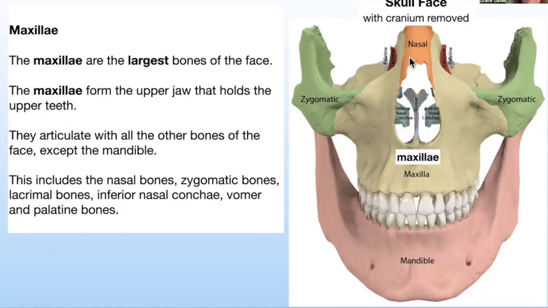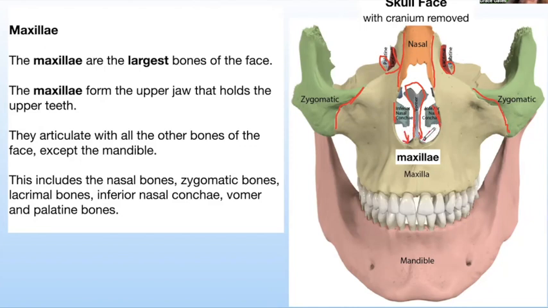I think a pen is in order. So the nasal bones, there's a joint. The zygomatic bones, the lacrimal bones, the inferior nasal conchae, the vomer, and the palatine bones, part of which is seen here and part of which is not seen down there.